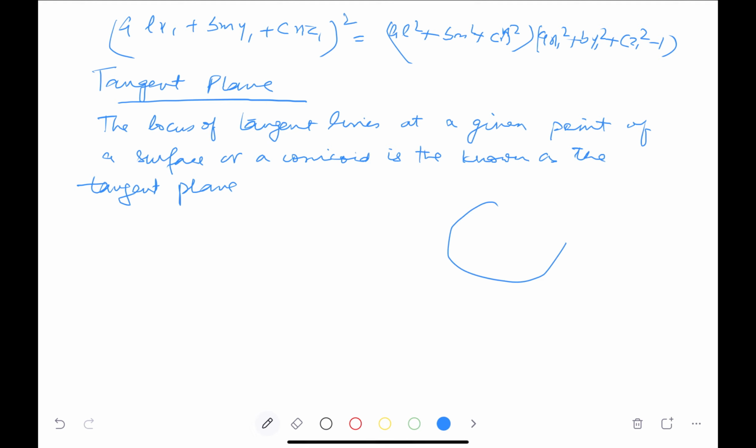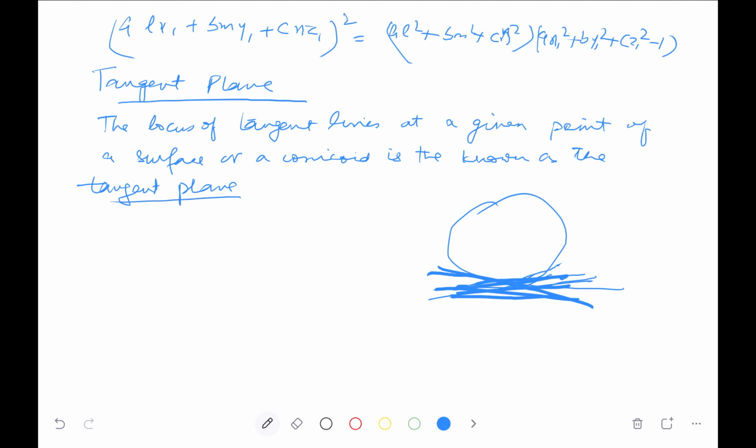Suppose this is the conicoid and these are the lines in 3 dimensions. We will have so many lines passing through one point in 3 dimensions. So ultimately there will be a plane that is known as the tangent plane. So this is the point of intersection.